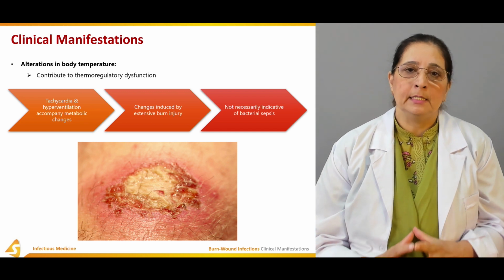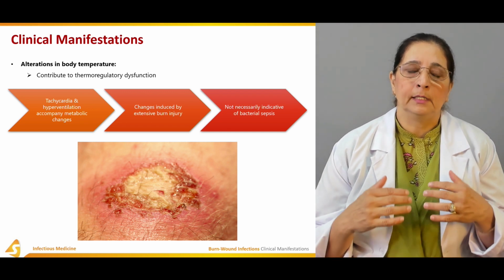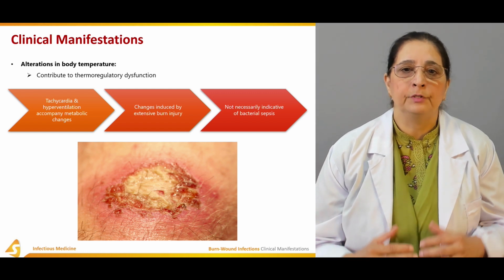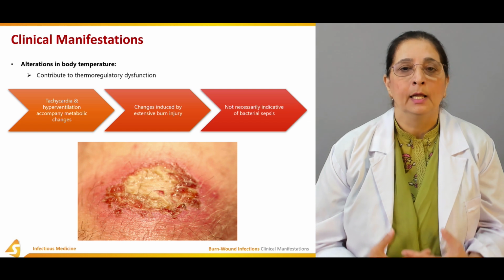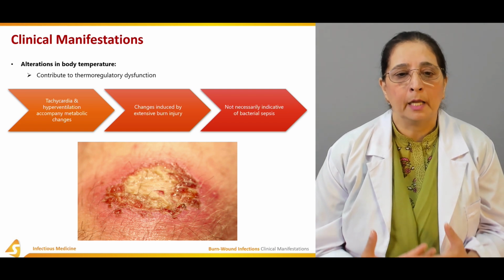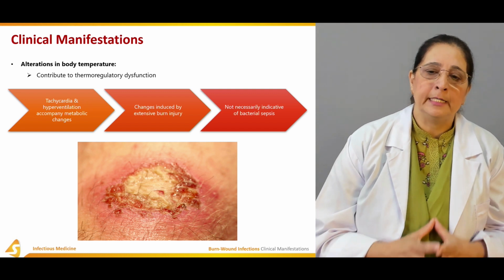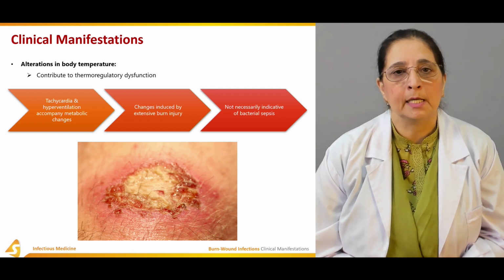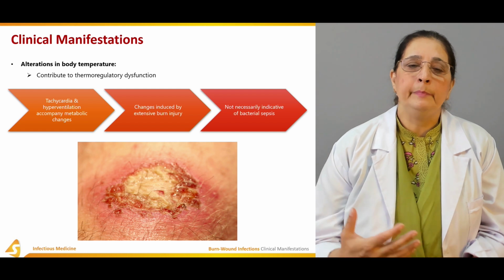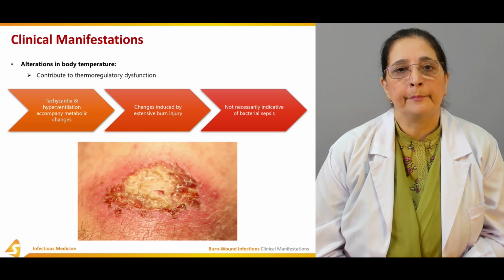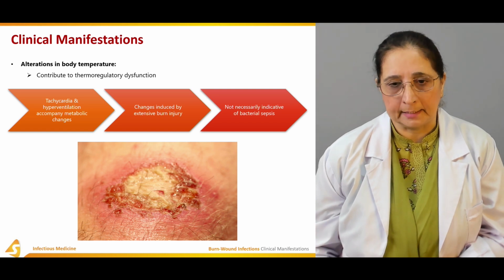So this is as a result of thermoregulatory dysfunction. We have changes in the temperature. There is tachycardia, hyperventilation, and this might not be an indication that septicemia is developing. It's only because of the dysfunction of the temperature regulation mechanism.